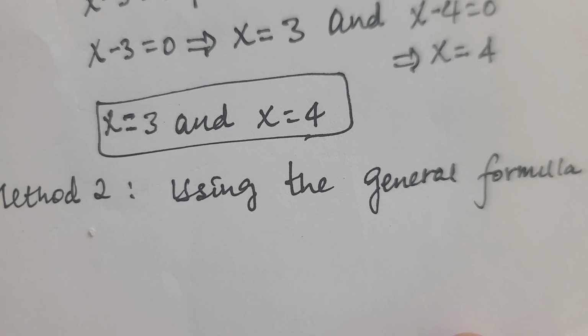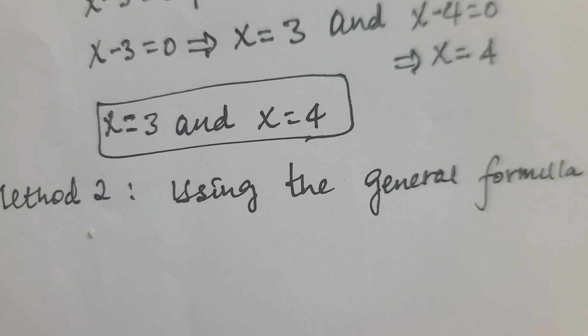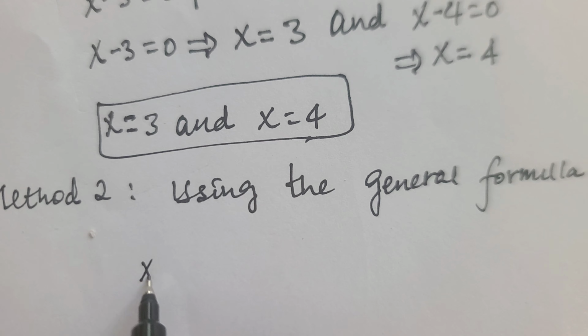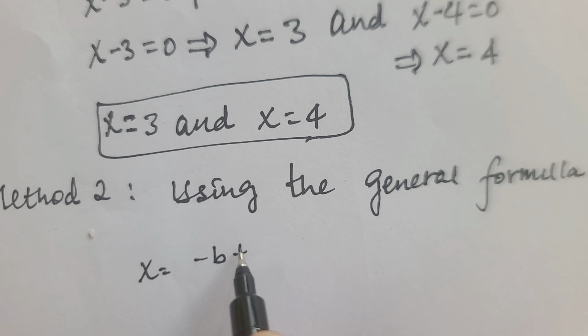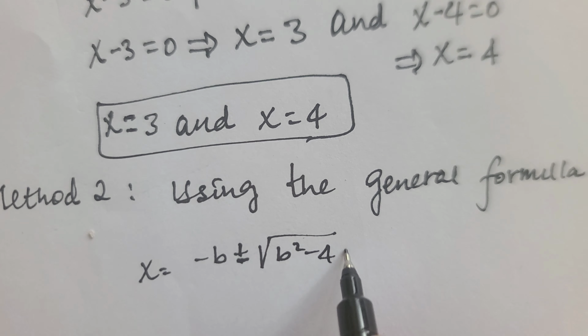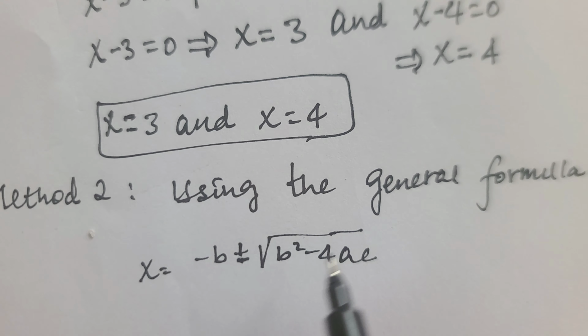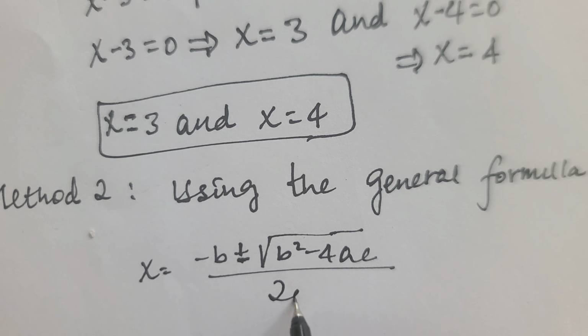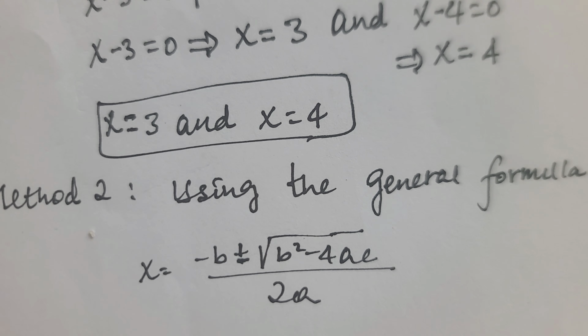In order to determine the value of x using the general formula method, as you know, x equals minus b plus or minus radical of b squared minus 4ac, over 2a. This is the general formula to find the value of x for a quadratic equation.